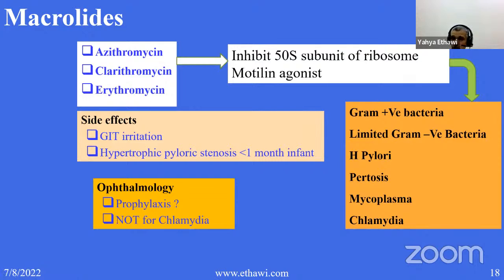Some people use them for H. pylori because they are a motility agent. Pertussis, mycoplasma, and chlamydia. They cause GIT irritation. They can cause hypertrophic pyloric stenosis if the baby is below 1 month. They increase the risk, but they are not a direct cause because they are motility agents.